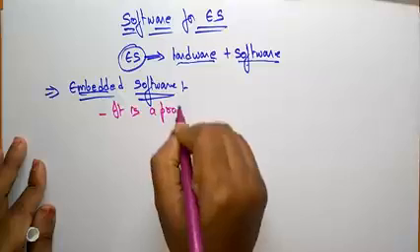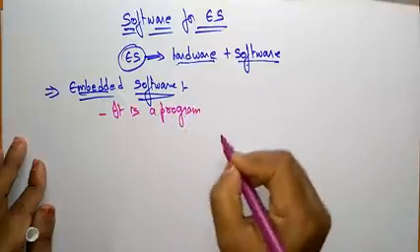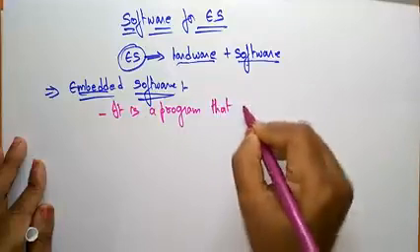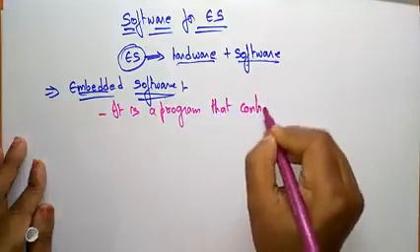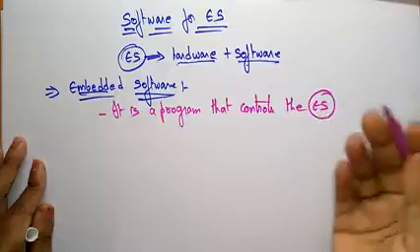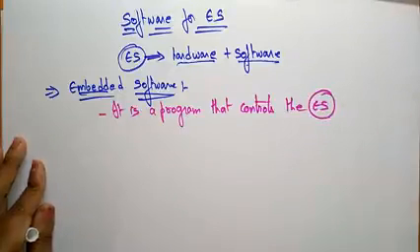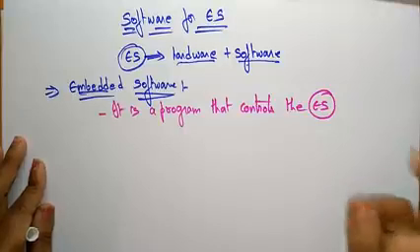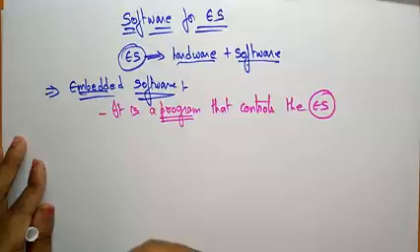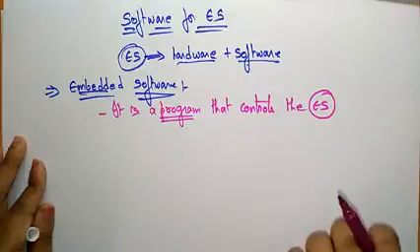A software is a program, we all know that. The embedded system can be any system, whether you have taken the microcontroller, mobile phone, or automobiles. Whatever embedded system you have taken, that system will be controlled by a program. That program you call a software.